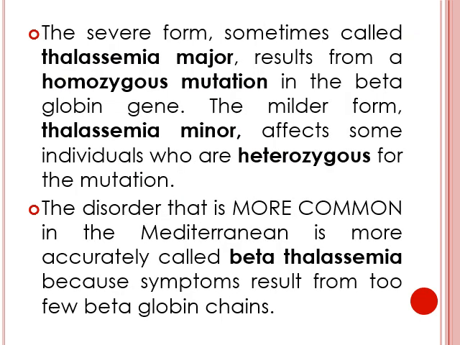The severe form, sometimes called thalassemia major, results from a homozygous mutation in the beta globin gene. The milder form, thalassemia minor, affects some individuals who are heterozygous for the mutation. The disorder that is more common in the Mediterranean is more accurately called beta thalassemia.